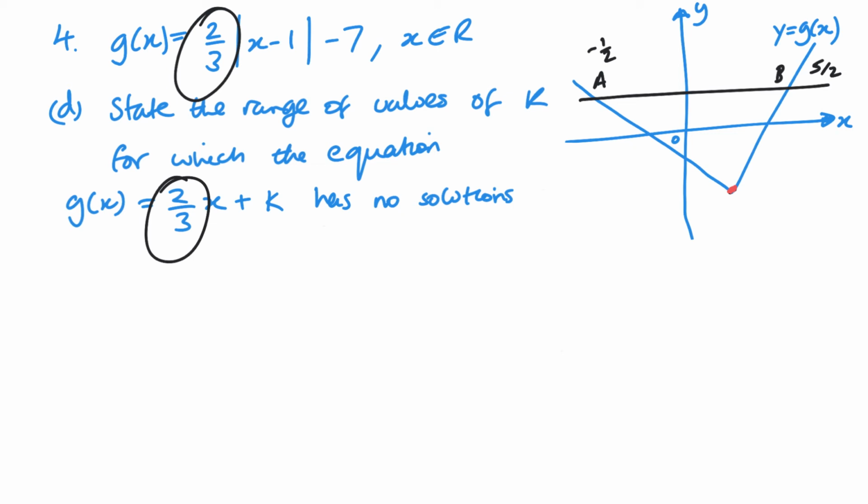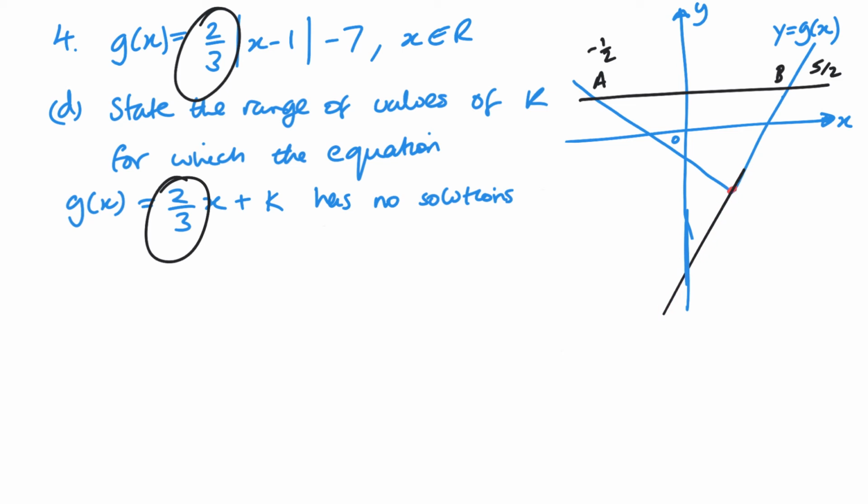So it's going to have exactly the same gradient. So you're thinking, right, where is it going to hit my axes here. So you could just look to extend this line down.